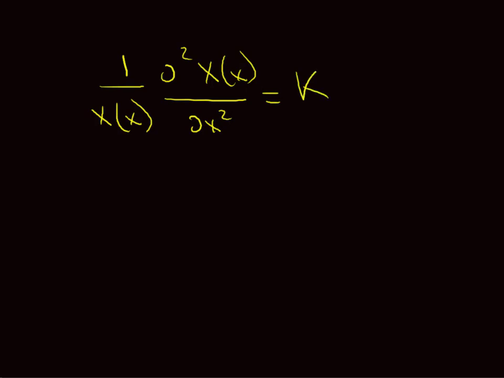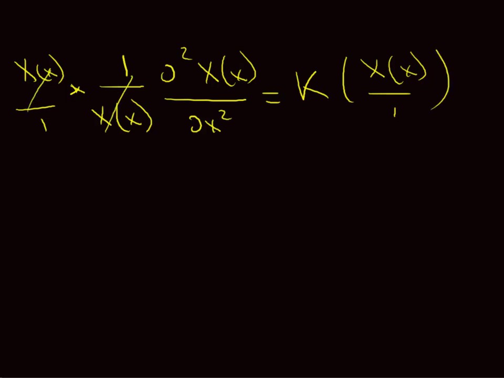So now we've got our function, and we'll focus on the function with respect to space. We've got our second partial derivative with respect to x equal to k. Now what we're going to do is multiply both sides by X of x over 1, and you'll notice that that portion of the function will cancel out.